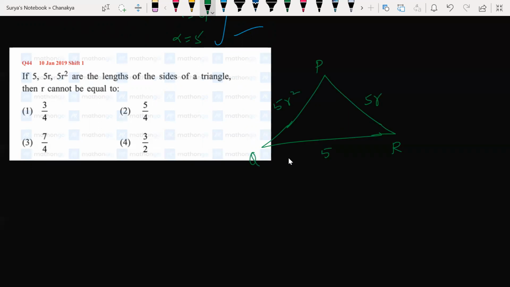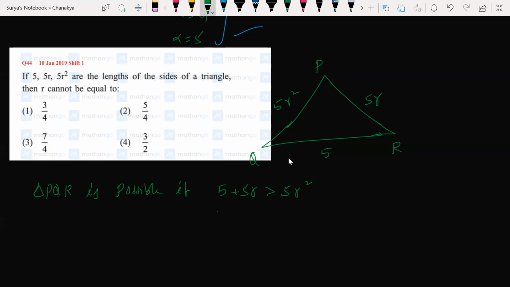But when is triangle PQR possible? It is possible if and only if 5 plus 5r is greater than 5r square. The sum of two sides of a triangle is greater than the third side, isn't it?